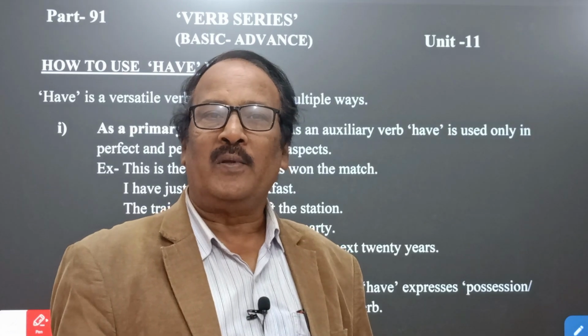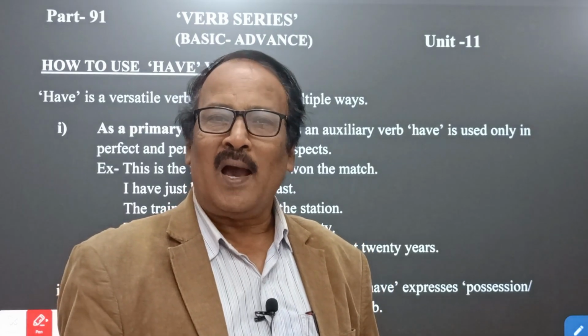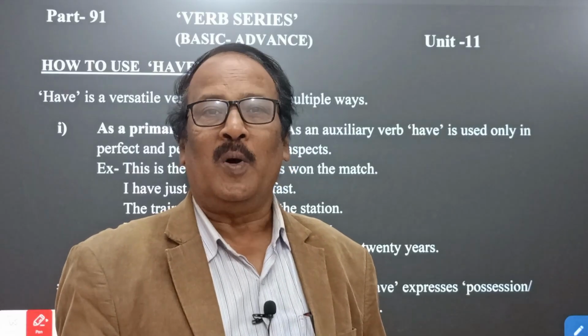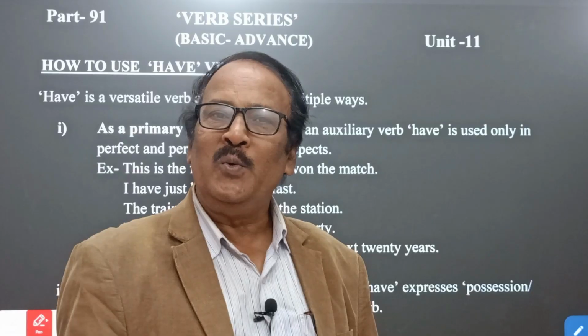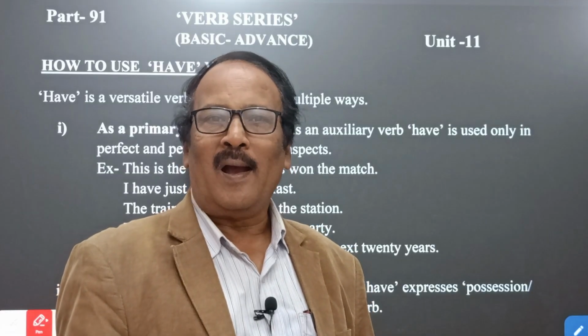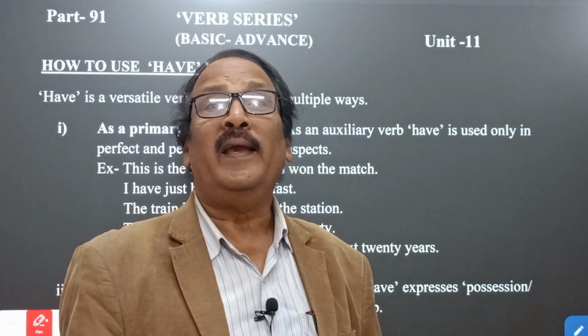Primary auxiliary verbs are of three types: be verb, have verb, and do verb. Moreover, we also discussed the use of be verb as an auxiliary verb, as a linking verb, and side by side as a main verb.